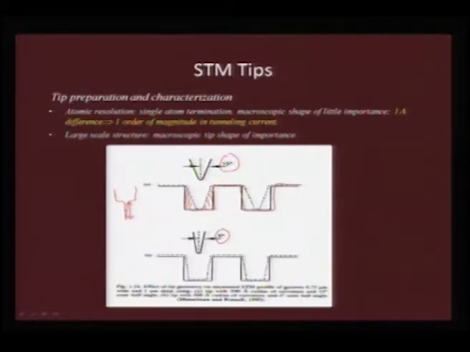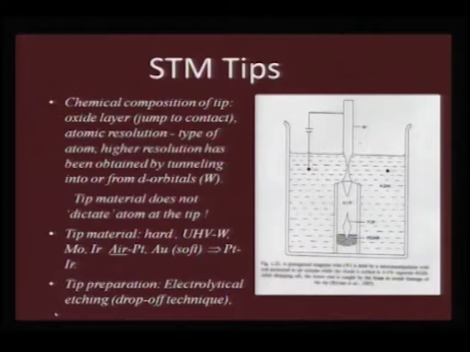Therefore, preparation of your tip is very, very important, and this is how you prepare an STM tip. The tip can be prepared by a simple electrochemical procedure. In this case, what you see here is a prepared tungsten wire which is held by a manipulator, and this is protected in an air column, where the leaching is done here, then it will drop down and you can preserve the tip.